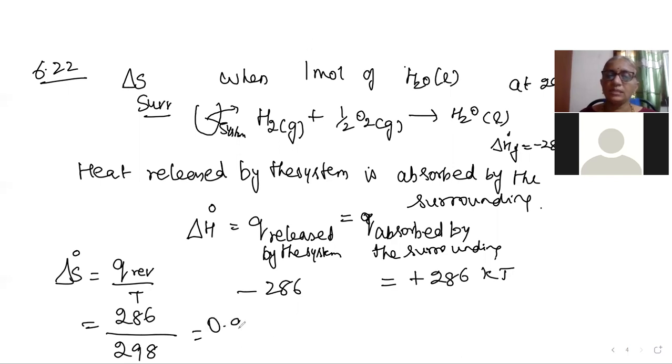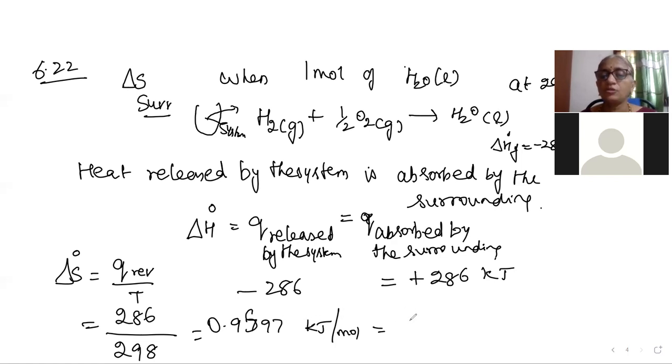So 0.9597 kilojoules per mole. Normally del S will be a small value, not as big as del G naught, del H. So we have to multiply by 1000 and express it. Del S for most of the reactions is expressed as joules per mole.